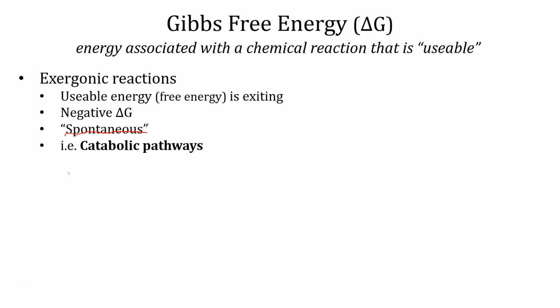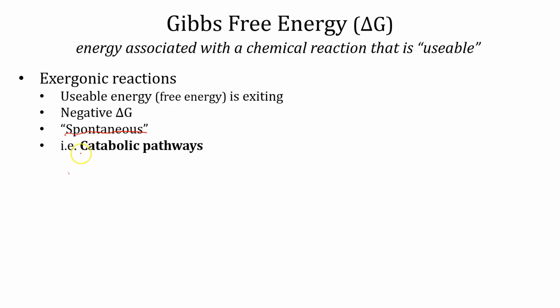Like rust, for example, the rusting of your car. Rust just happens. It's a chemical reaction between iron and oxygen, and it forms iron oxide. And that reaction will happen whether you want it to or not, right?